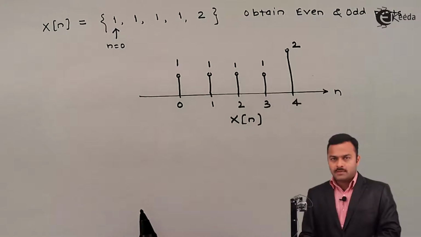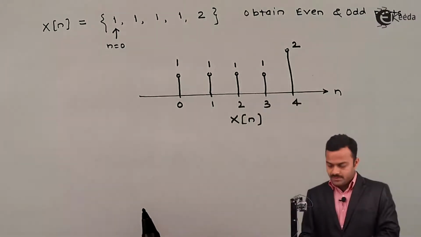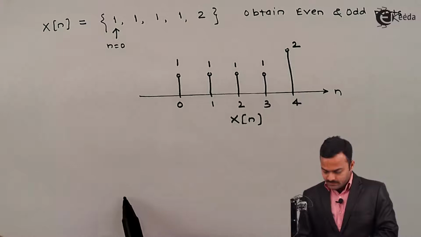To obtain the even and odd parts, we need to find the time reversal of x of n. So the time reversal will be like this.